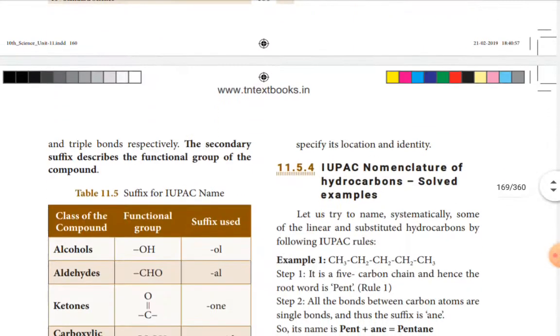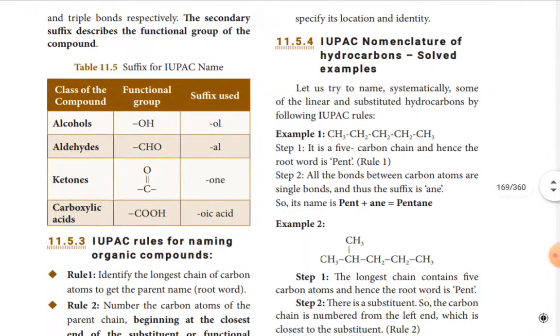For example, alcohol: the functional group is OH, and the end of the name will be ol. Aldehyde: the functional group is CHO, and the end will be al, alkanal.